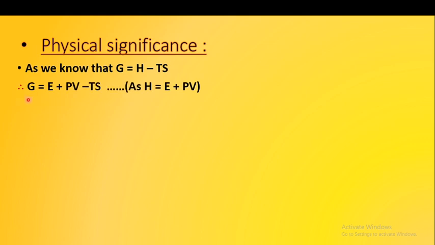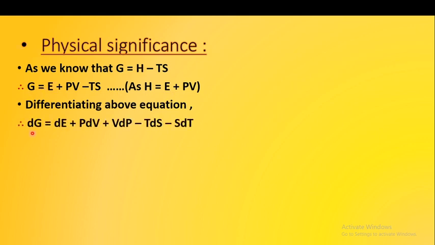So we know that G is equal to E plus PV minus TS, by substituting H is equal to E plus PV, because the enthalpy can be written as H is equal to E plus PV. Differentiating, we get dG is equal to dE plus PdV plus VdP minus TdS minus SdT, applying the product rule to PV.